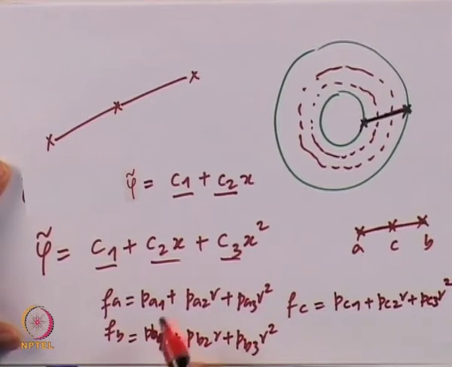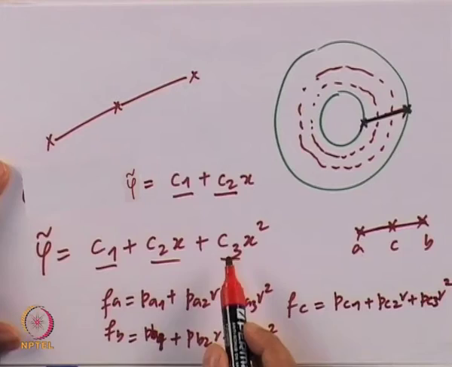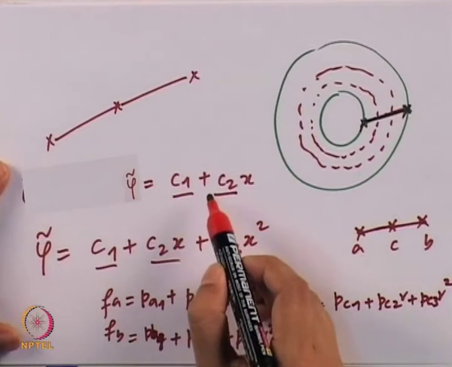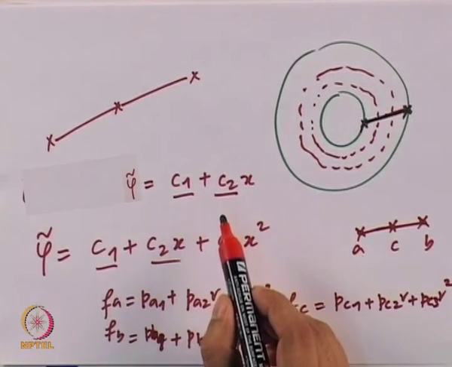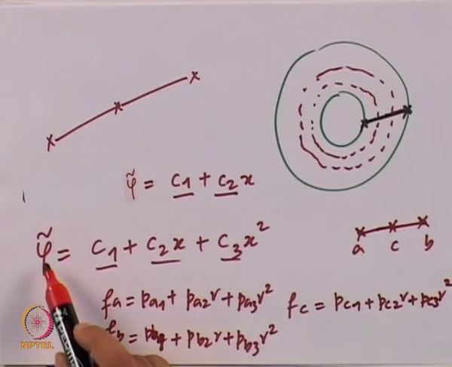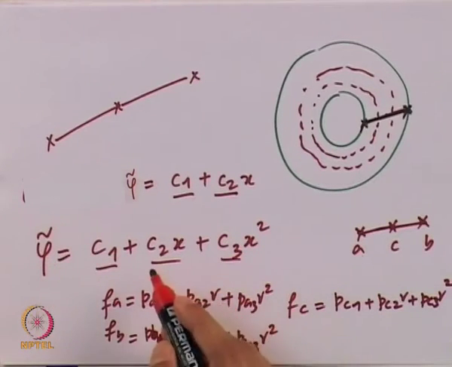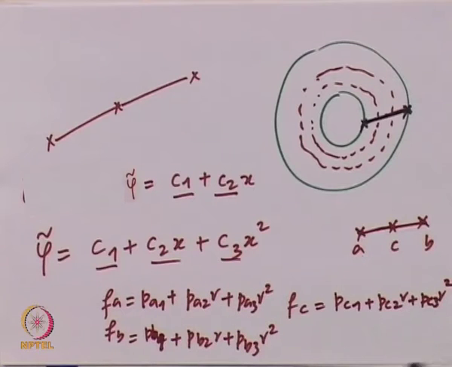What you are seeing is a kind of a basis function that I have introduced here. Initially we had a basis function which is nothing but a linear element, and in the second case we had a basis function which was, so maybe it is easier to write it.